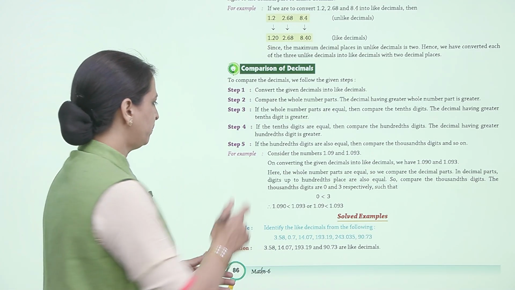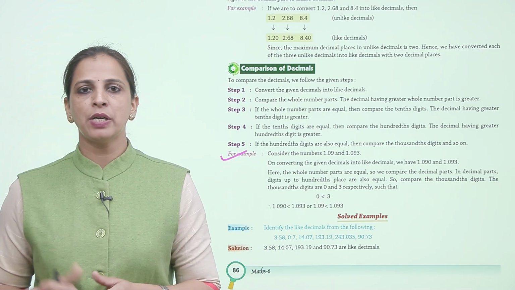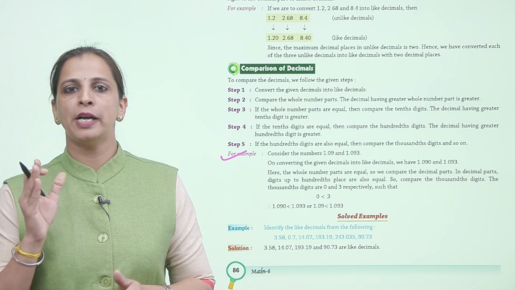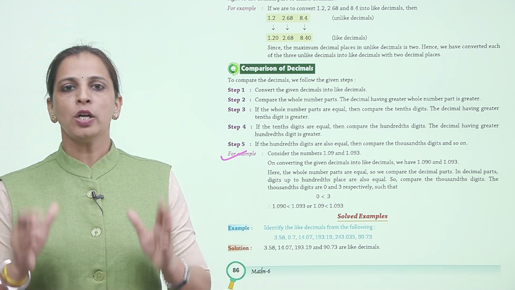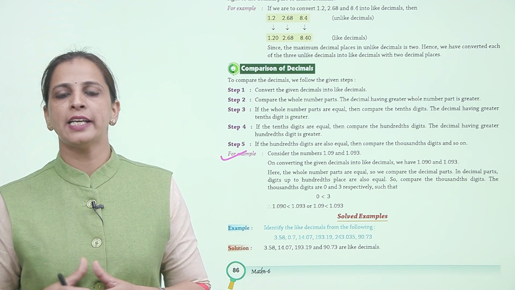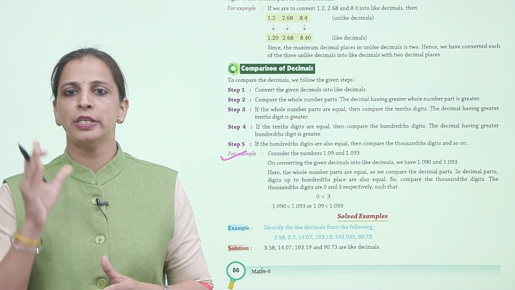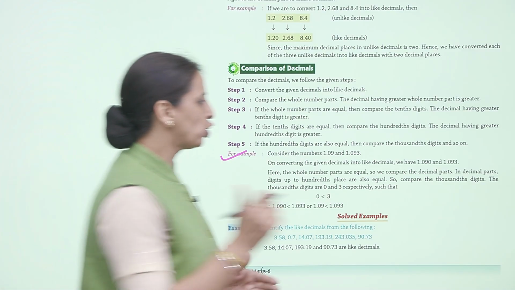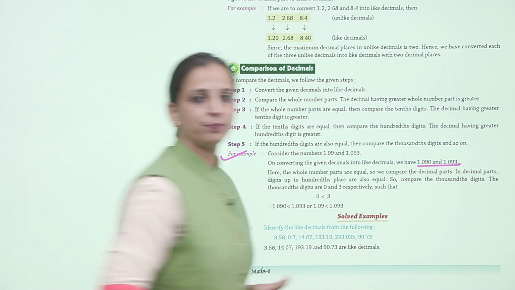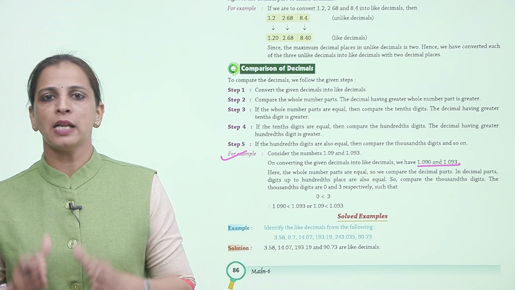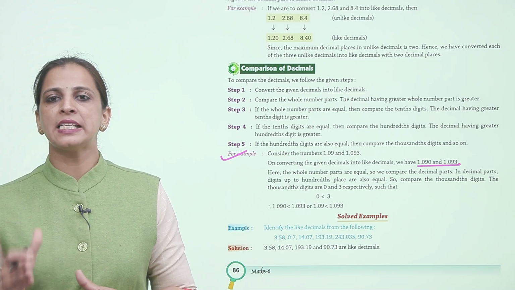For example, consider the numbers 1.09 and 1.093. On converting the given decimals into like decimals, we have 1.090 and 1.093. Here the whole number parts are equal, so we compare the decimal parts.